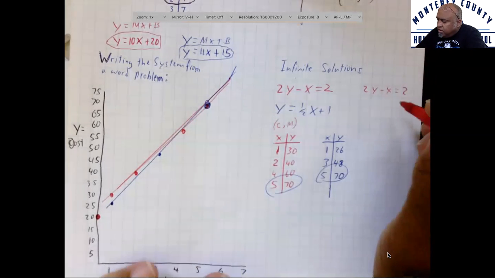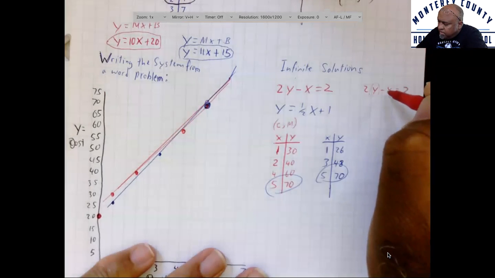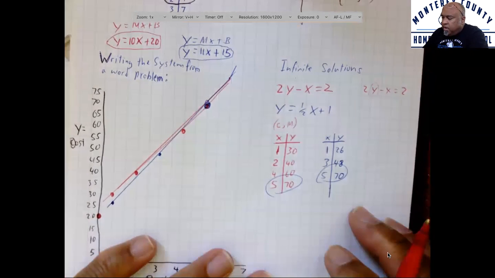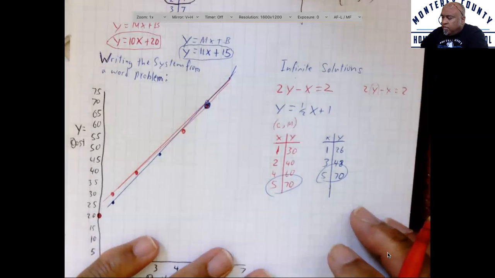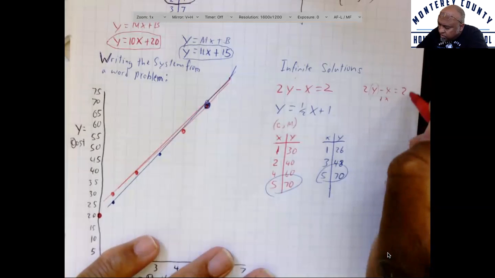So how do I do that? I have to isolate the y. So I have a 2 next to it and an x. Now remember, in IOB, plus and minus has to be removed for isolation purposes first. So x has been subtracted, so I'm going to add x to both sides.